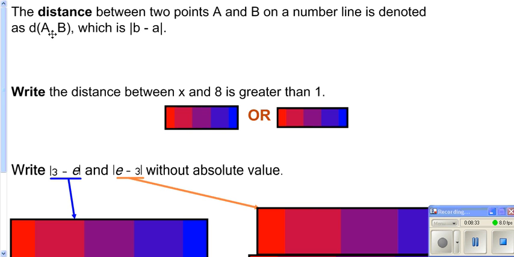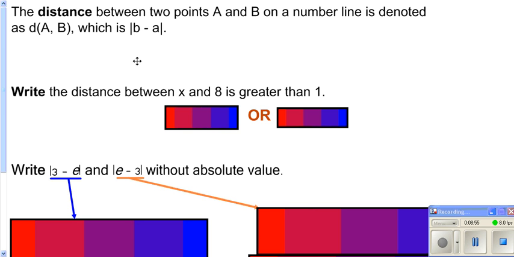When you're looking at this notation right here, D and then in parentheses AB, that means distance from 0, or distance between the 2 points. To find your distance, all you do is take the absolute value of the difference of the 2 coordinates. We've got to have the absolute value because you know distance is positive.